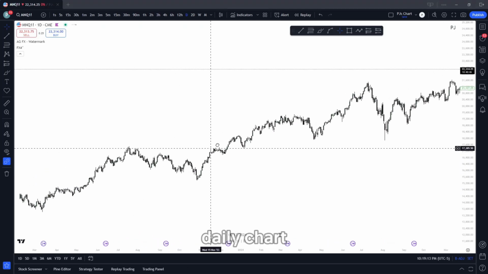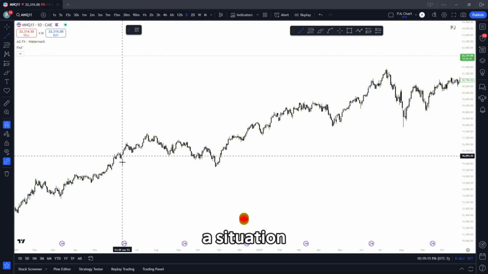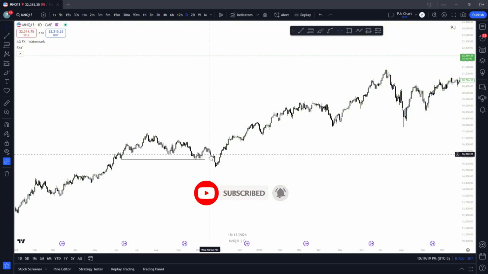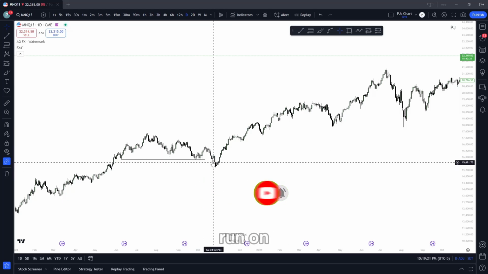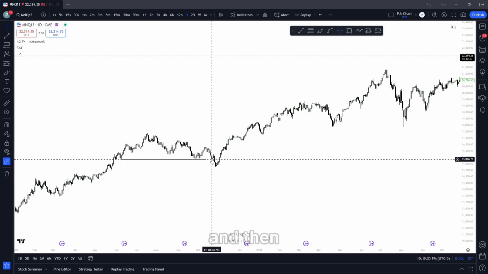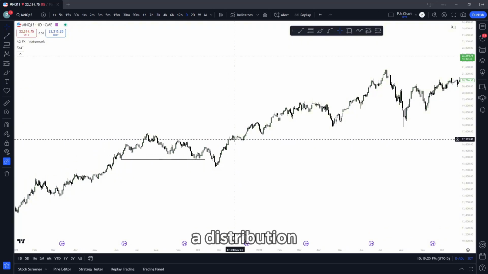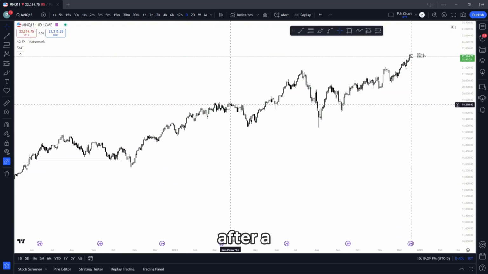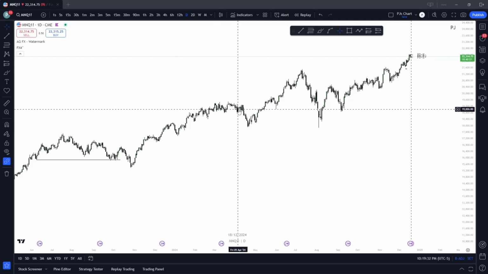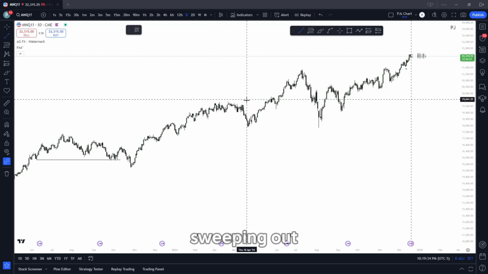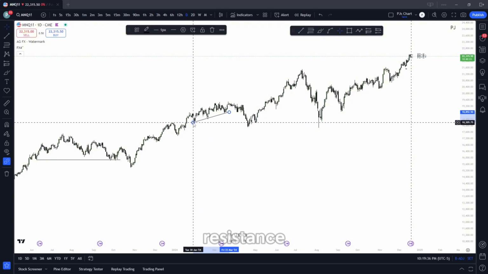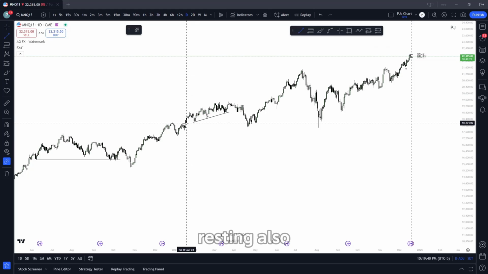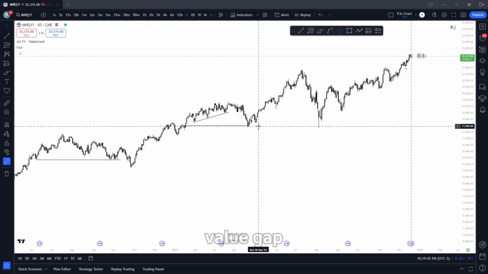Looking just on the daily chart, in a situation like this, we have relative equal lows, and we have a big thick down close run on the sell side liquidity, followed by a distribution towards the buy side. We can see that one more time here after a reconsolidation, a big break lower, sweeping out swing lows with low resistance liquidity into an order block, resting also inside of a fair value gap.